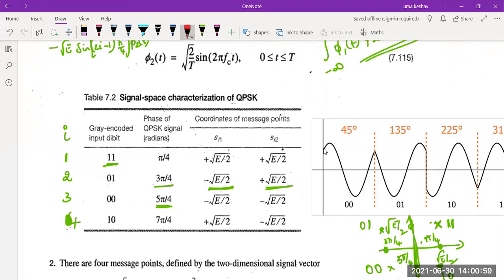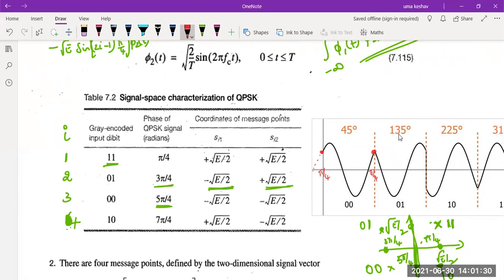It should start here, having finished a quarter of its wave before. The starting point of a 45-degree wave is 45 degrees. It should start at the angle pi by 4 and end at the same point. It has completed one cycle now. Started at pi by 4, ended at pi by 4. This is a 45-degree waveform.